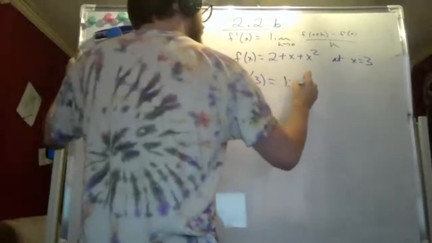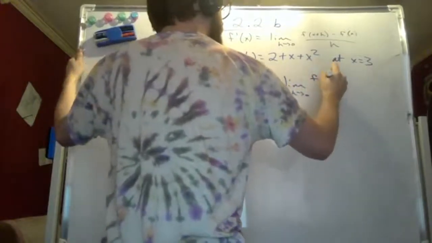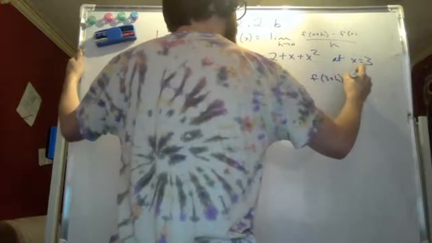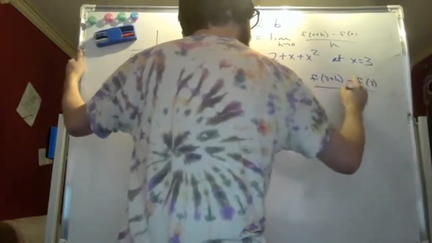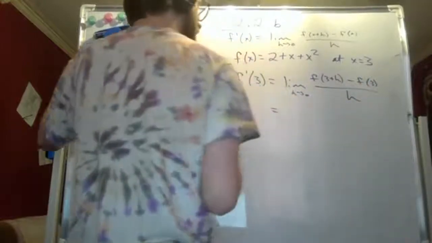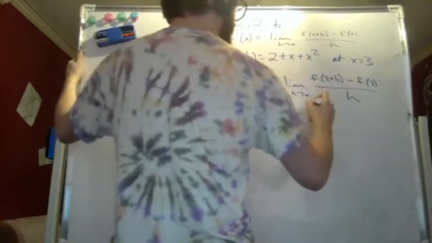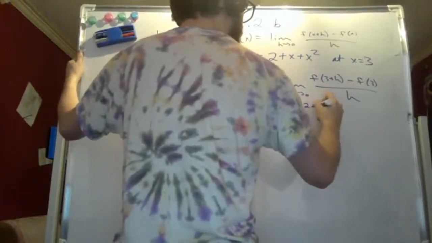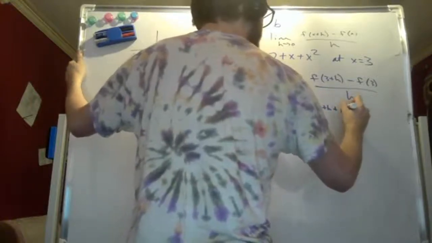So this is the limit as h goes to 0 for f of 3 plus h minus f of 3, divided by h. So then we're going to plug it into our function. f of 3 plus h, that's going to be 2 plus (3 plus h) squared.